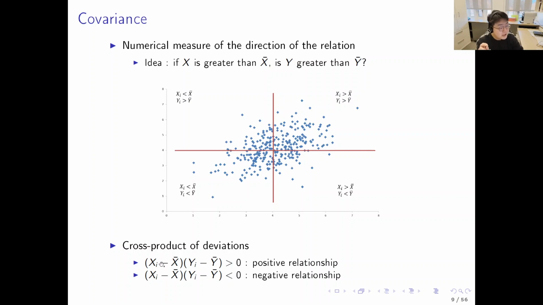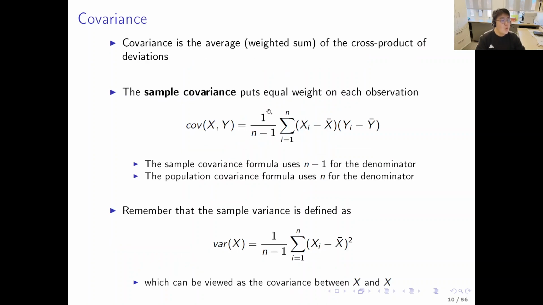Okay, but this is just the cross product of deviations for each observation. So if you have 100 observations, you can define these cross products for each observation. So you are going to have 100 products. So we are going to take the average to see which sign dominates.